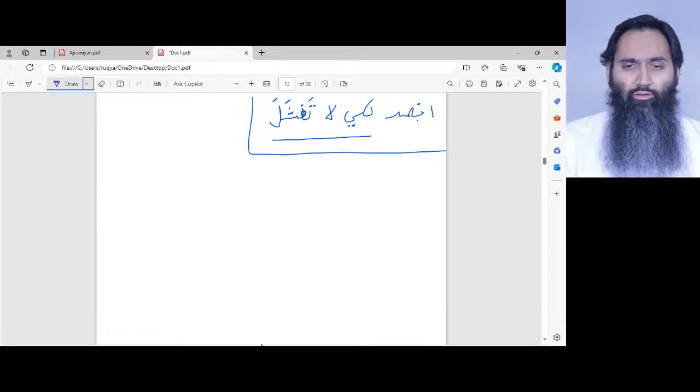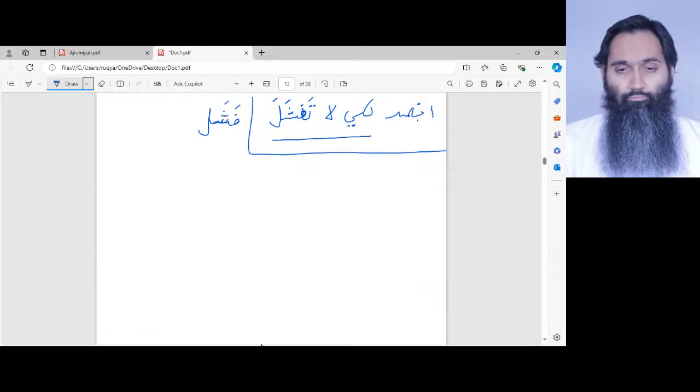The masdar of fashala, yafshalu, to fail, is fashal. Okay, so let's start with the i'rab of ijtahid.